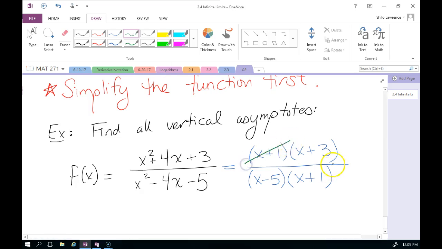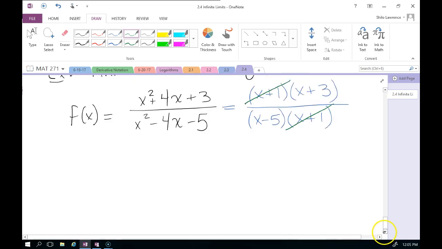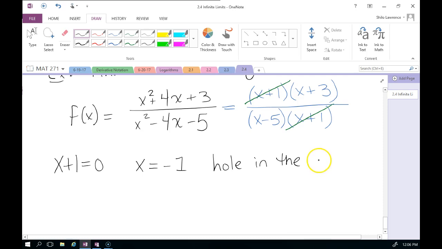So we've got a factor of x plus 1 in both of those. Now that x plus 1 is important. Whenever x plus 1 equals 0, that is not a vertical asymptote. What this actually is, is a hole in the graph. And we're going to talk about this more in section 6, but it is not an asymptote.